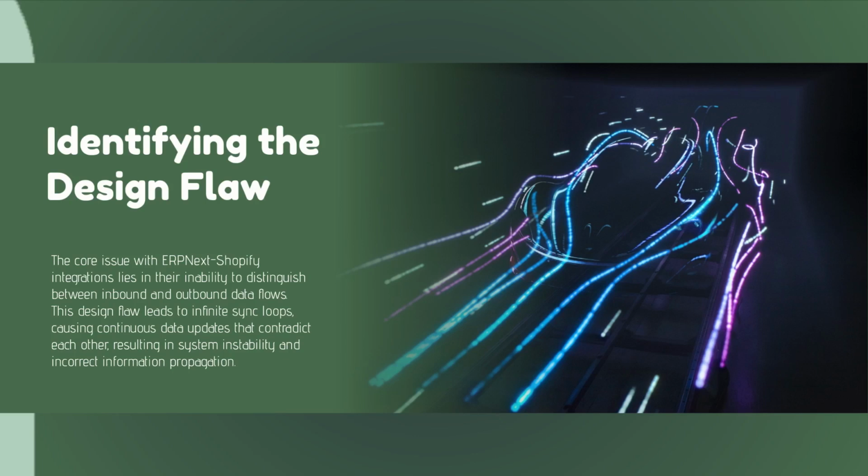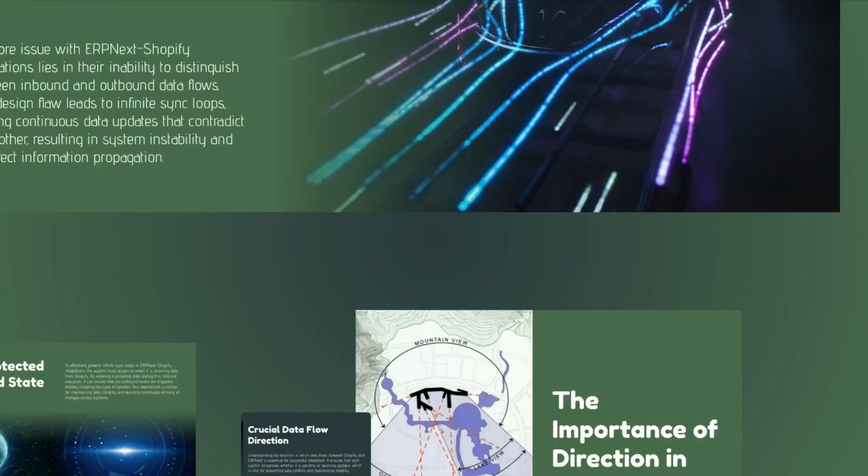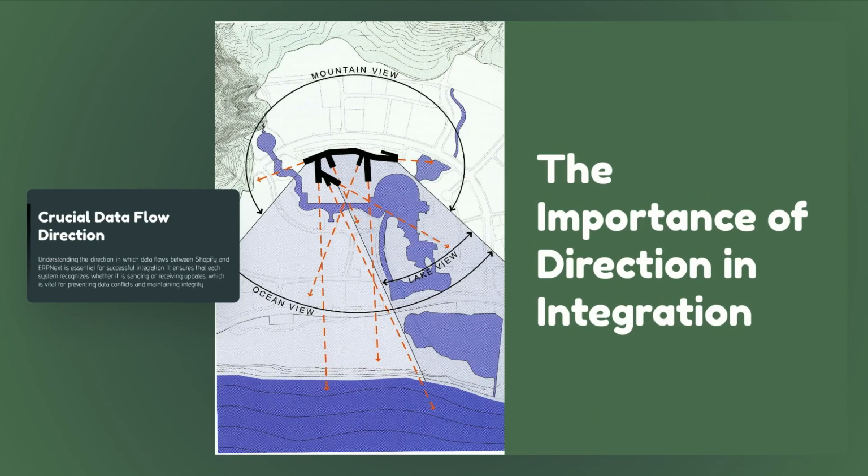So that is the design flow. Because ideally, the system is supposed to be able to know the direction that the data is moving. For example, when you update a customer name from Shopify, that data is flowing from Shopify to ERPNext.